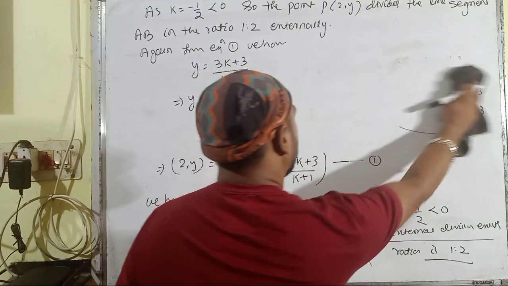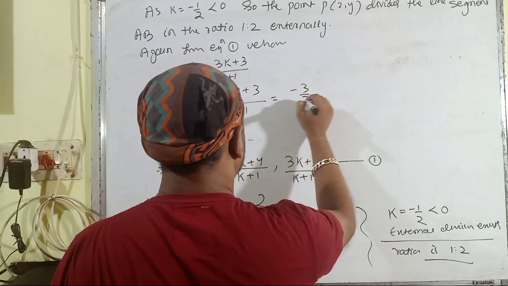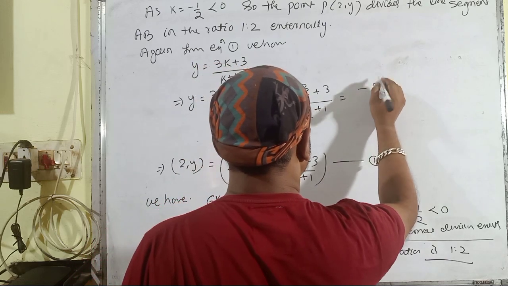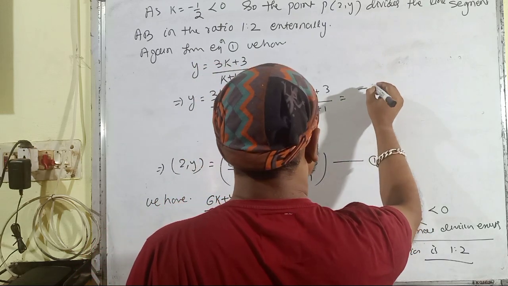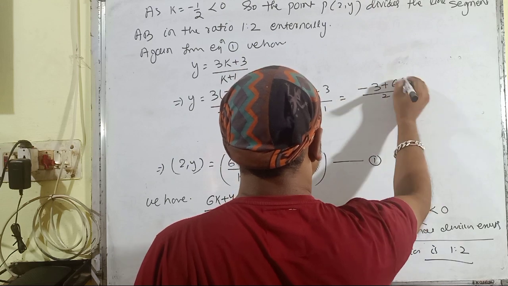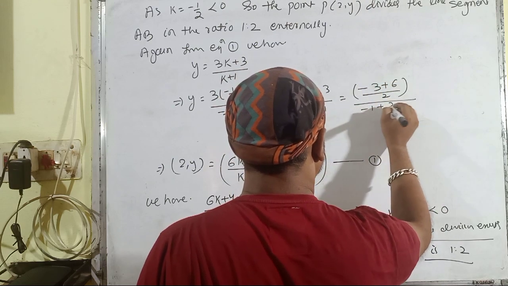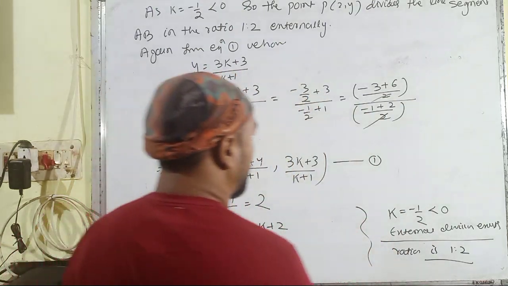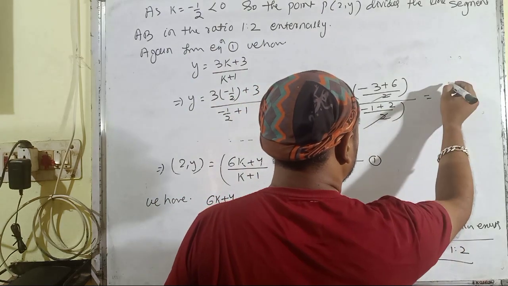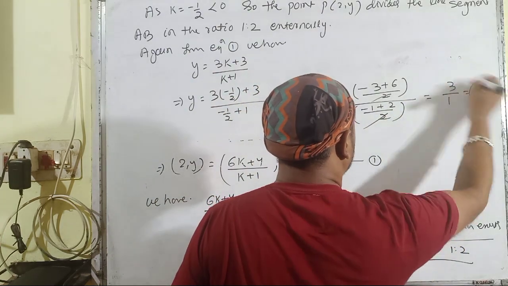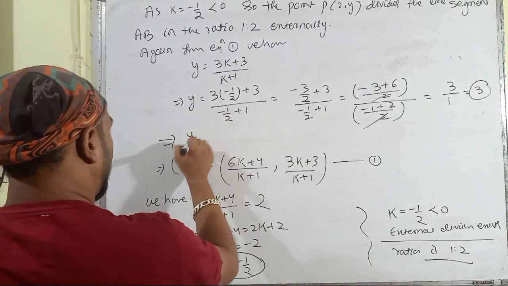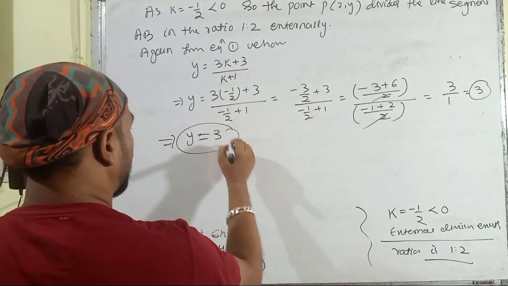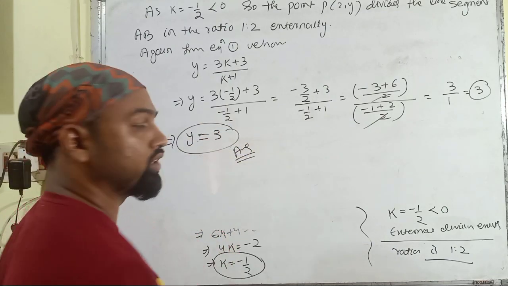Just solving this, minus 3 by 2 plus 3 divided by minus 1 by 2 plus 1. It is (minus 3 plus 6) divided by 2, whole divided by (minus 1 plus 2) divided by 2. Cancelling both of the denominators 2 and 2, we have 3 divided by 1, which is equal to 3. That is y is equal to 3, and this is your complete answer for this problem.